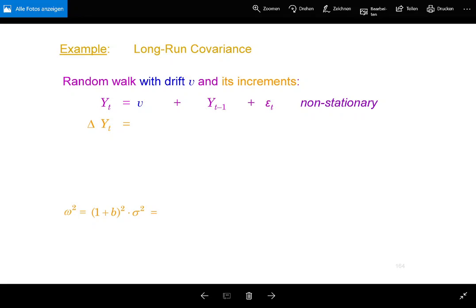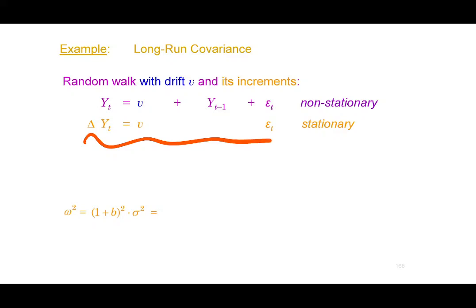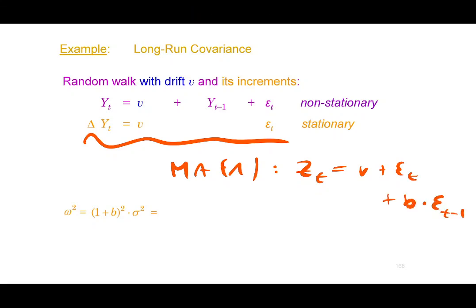What I'm interested in is the increments, because the random walk is, or was, integrated of order 1. Okay, so this is how it would look. And this is a moving average process. If you look at the moving average process of order 1, let's call it Z. So you have a constant plus the noise plus b times the past of the noise.